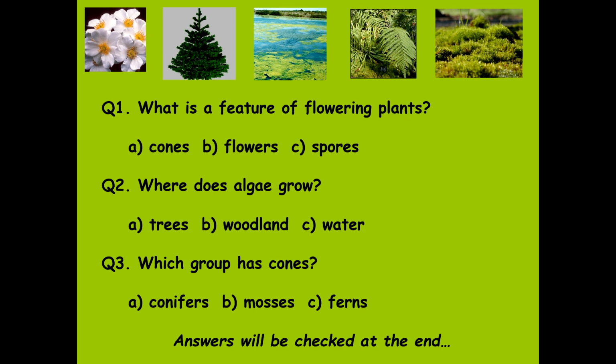Again, write down A, B, or C. Question 3. Which group has cones? Is it A, conifers, B, mosses, or C, ferns? Again, write down A, B, or C. We'll check all of the answers to those 3 questions at the end of this video. Good luck, guys.